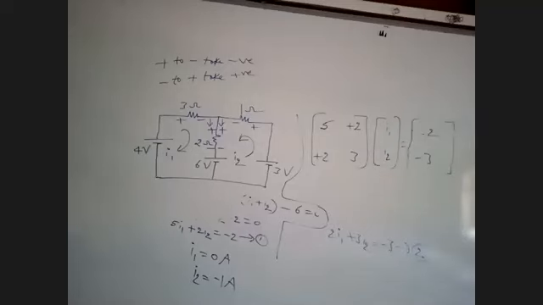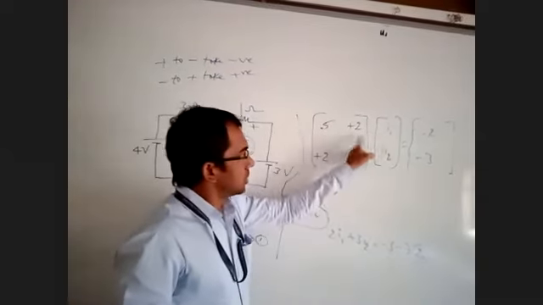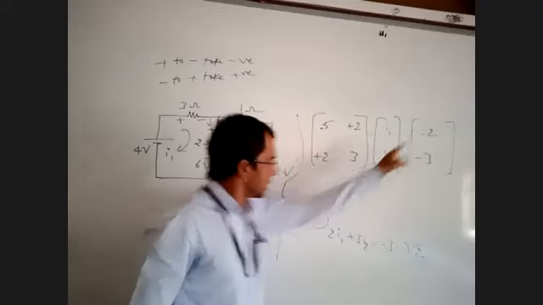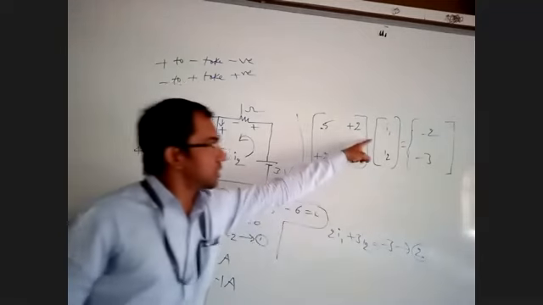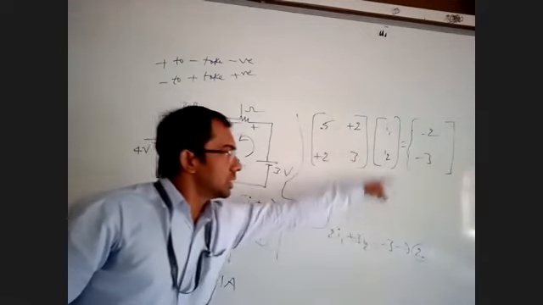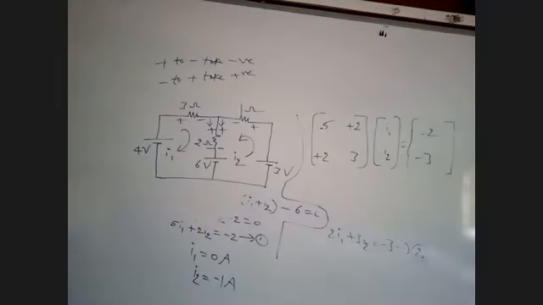If you multiply the matrices, we will get the same loop equations.